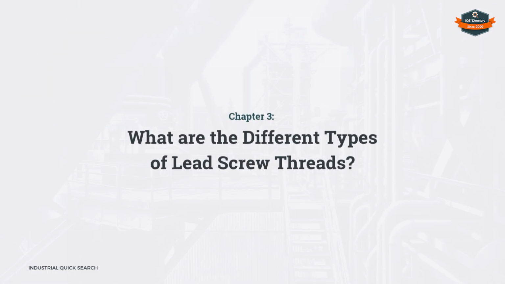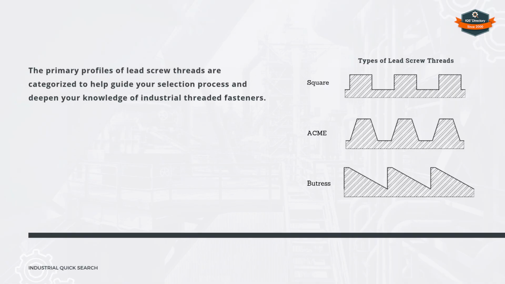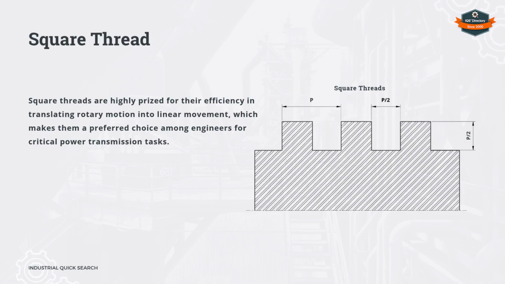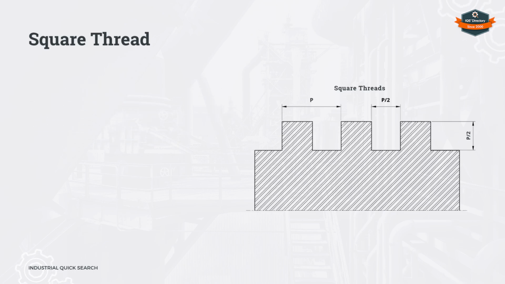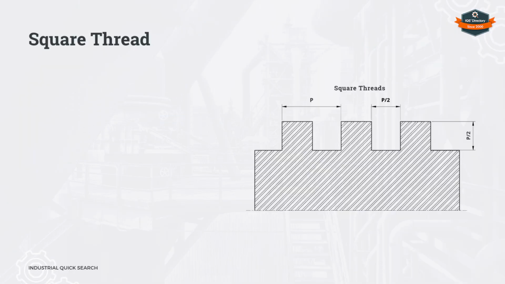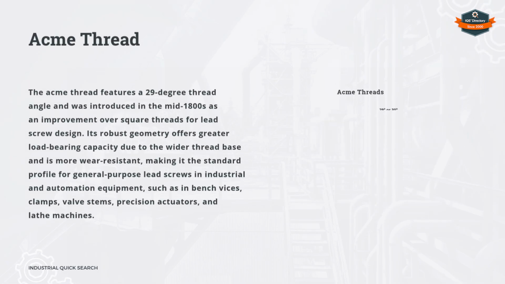Chapter 3. What are the different types of lead screw threads? Square thread. Acme thread.